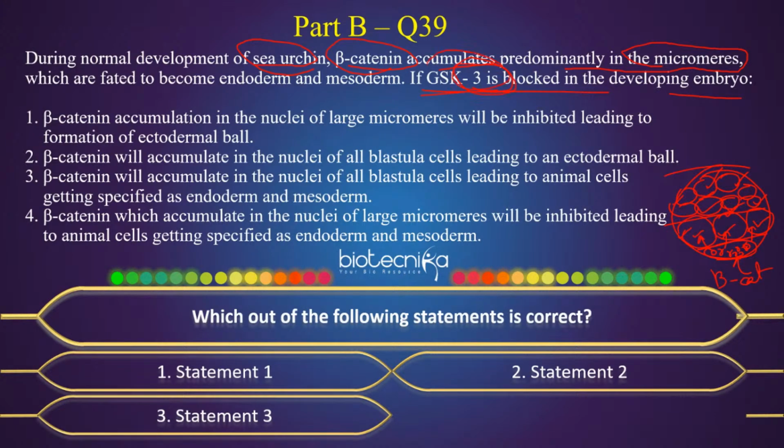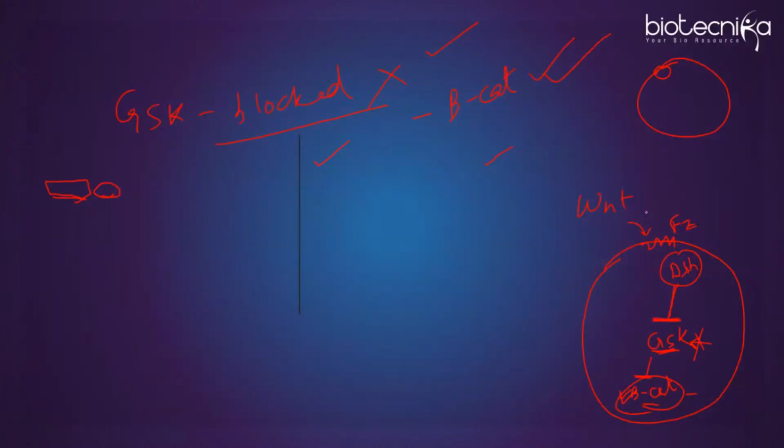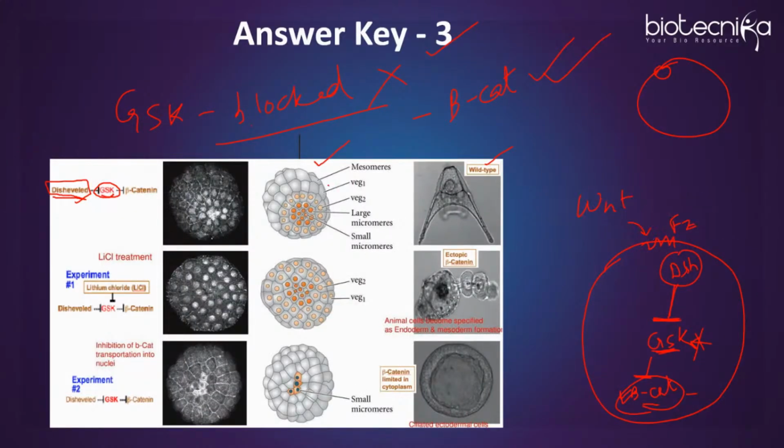In this experiment, we have to understand that usually beta cat is only expressed in the micromeres. That also you should know. It is expressed only in the micromeres, the beta catenin as such. But here, this is wild type. Can you see here? The orange molecules mean these are the nucleus.